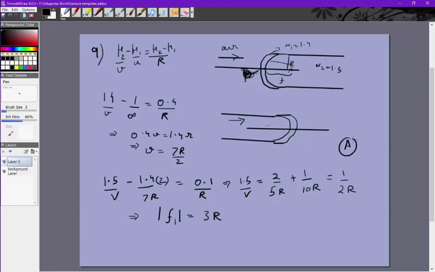So we can say that option A is true and option B is false. Now to find F2, from which we'll tell option C and D.